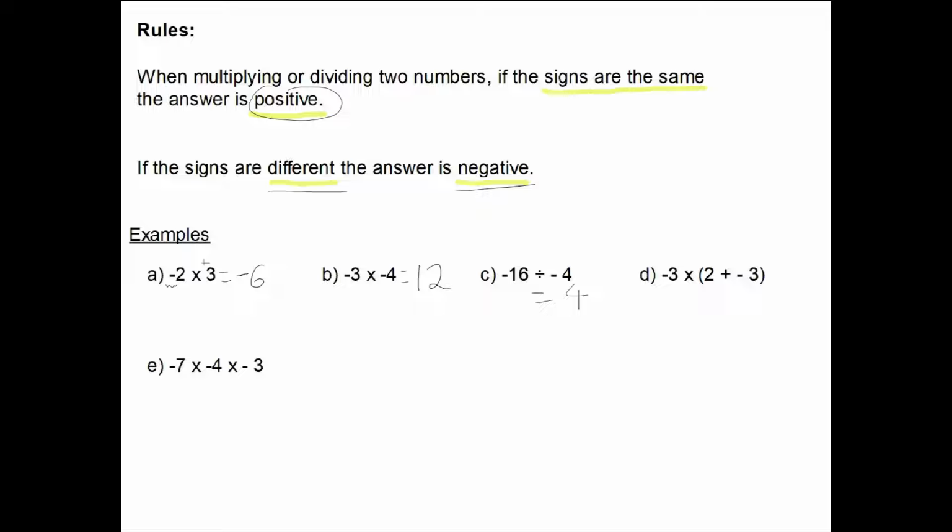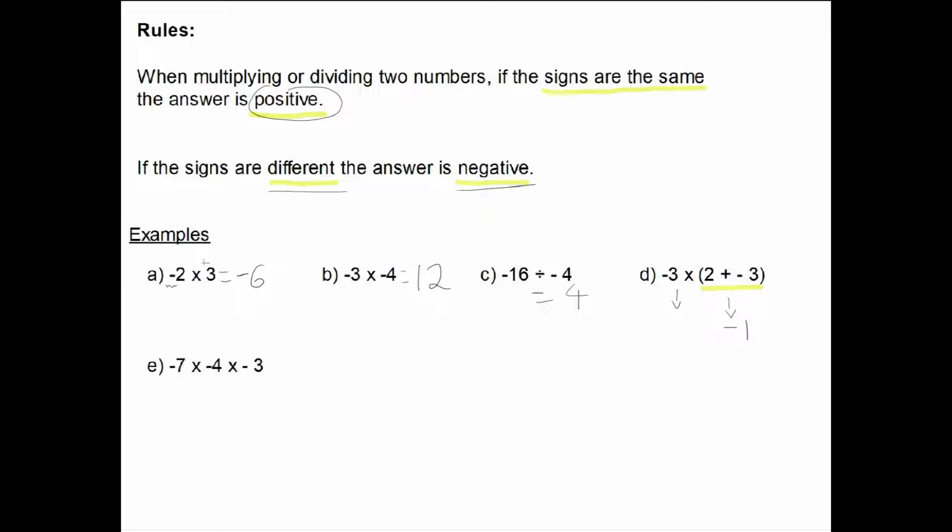For D, we need to remember our BIDMAS. We work out what is in the brackets first, so I'm actually going to underline the bracket to tell me that is what I'm going to work out first. So I have in the brackets 2 plus minus 3. So I need to remember from last time that a plus immediately next to a minus becomes a minus. So I have 2 take away 3, which is minus 1.